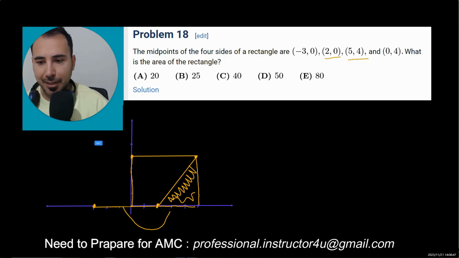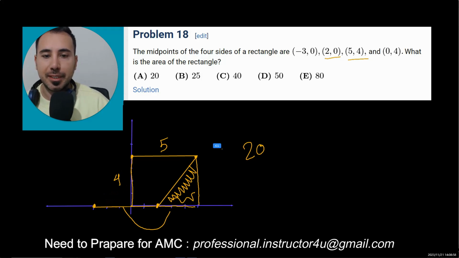And it's gonna be a rectangle with this 1, 2, 3, 4. This will be 5. So the area of this, 4 times 5, is 20. But remember, the area of the rectangle was 2 times of this. Okay, so the answer will be 20 times 2, 40, which is gonna be this one.